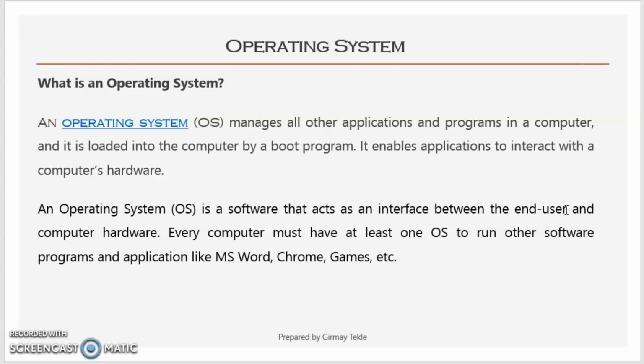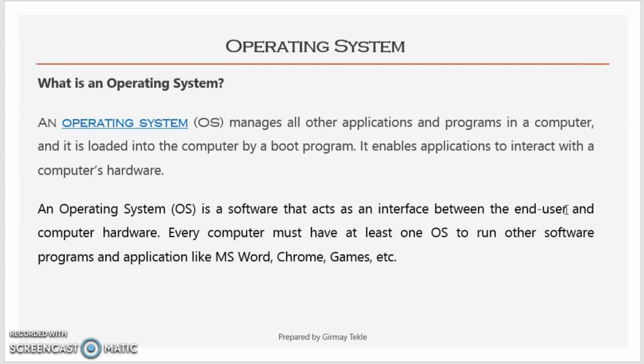This is an example of system software. We already know that we have the classes of programs: system programs and application programs. Among the system programs, an operating system is classified.